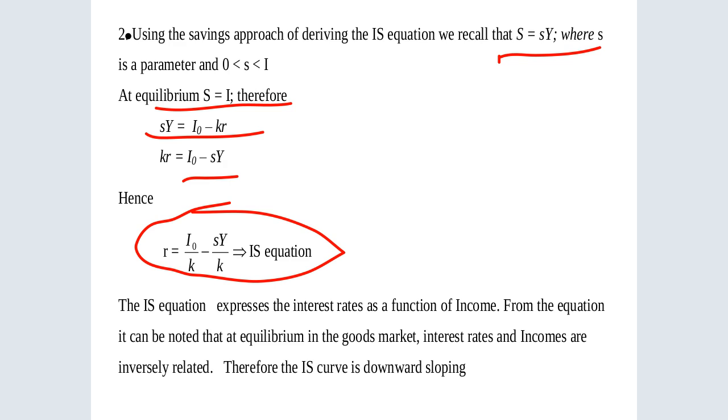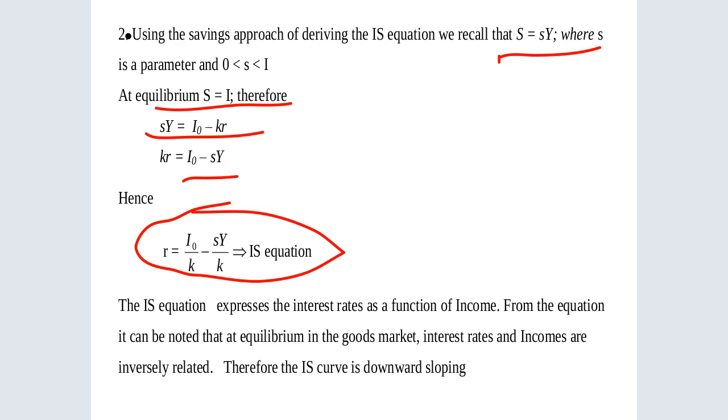So from this equation, we can note that at the equilibrium in the goods market, the interest rates and incomes are inversely related. That is, as the interest rates increase, income reduces, and as the interest rates reduce, the income increases.